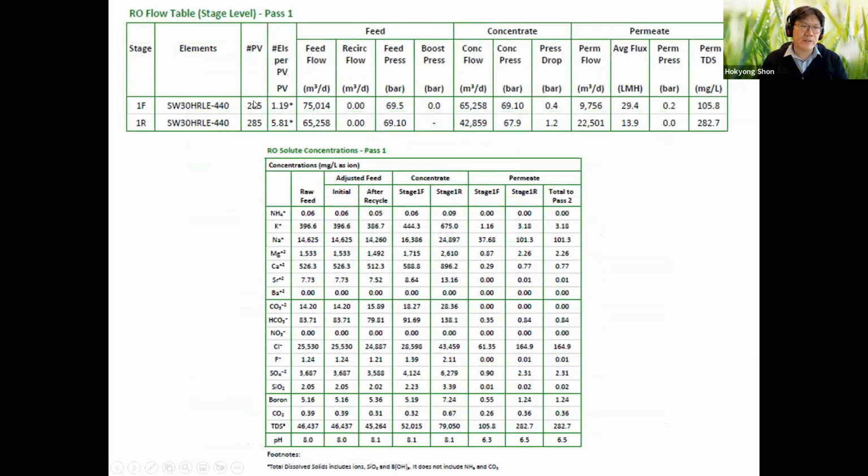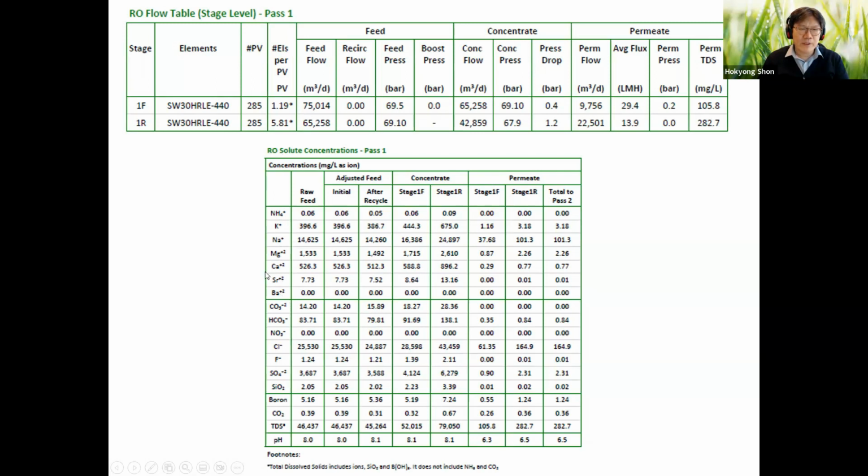Also, you will get very detailed values: your membrane, how many pressure vessels, flow rate, recirculate, feed pressure, concentrate flow, pressure drop, permeate flow, average flow, permeate pressure, permeate TDS. Also, you have the detail of your concentrations.